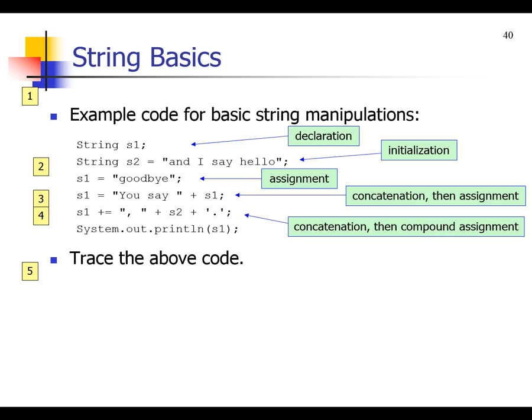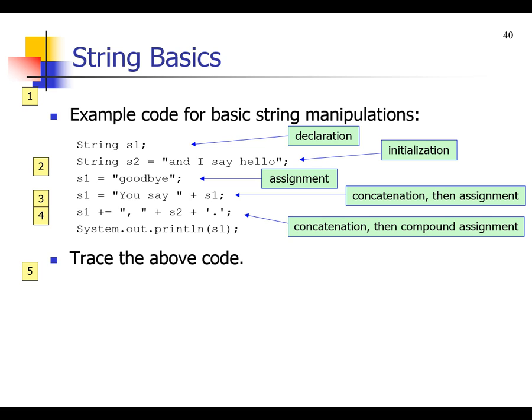String S1, string S2. If I store goodbye into string S1, then I come in and say string 1 is going to be you say plus string S1, so I'm going to store the value of that, so it'll be you say plus goodbye. So you say goodbye, and all I'm doing is adding with concatenation.